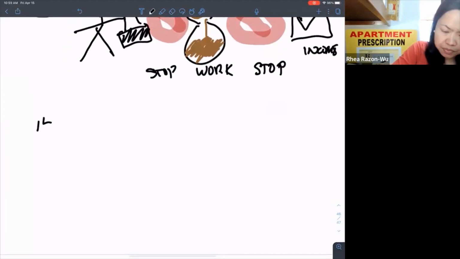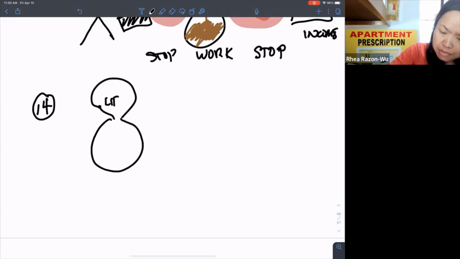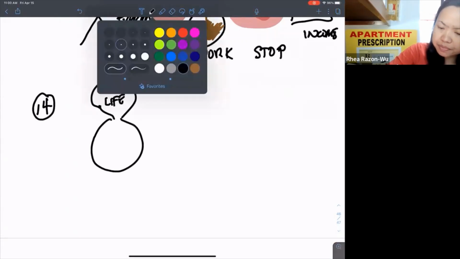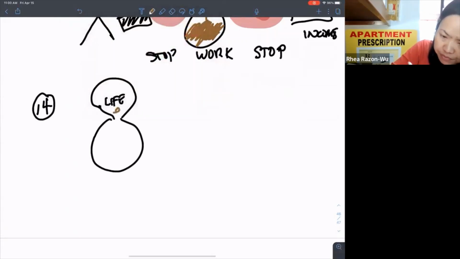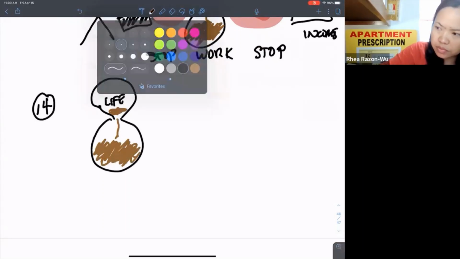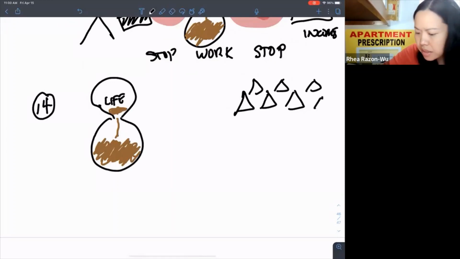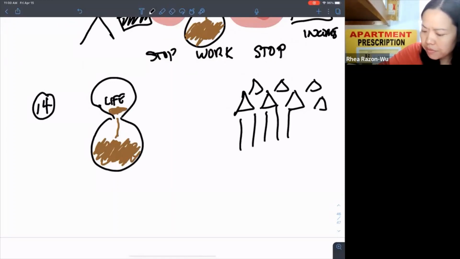That's the 13th point. This is my sandbox again with my life. Few sands remaining up on top because the majority of it I've used down in the bottom here working. And I have triangles here, a lot of triangles with 4 sides.